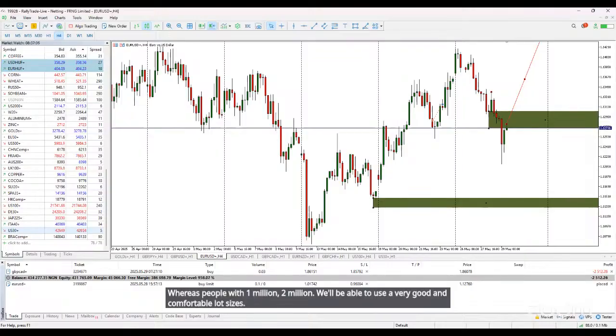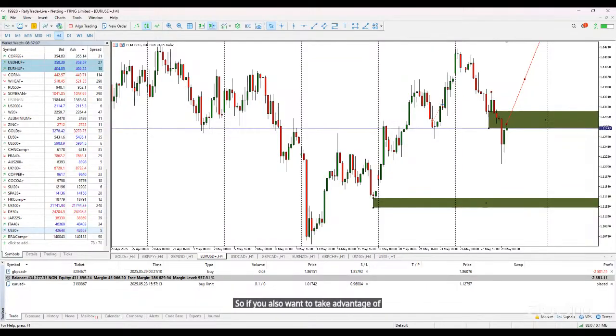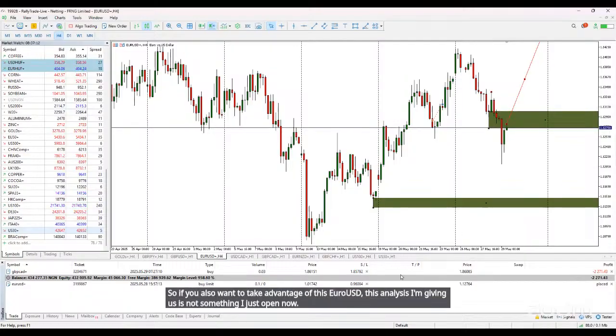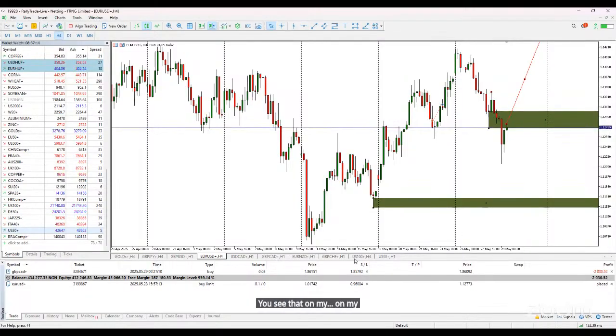This analysis I'm giving is not something I just opened now. You see on my chart here, I have a series of instruments that I have done analysis on before coming out this morning.